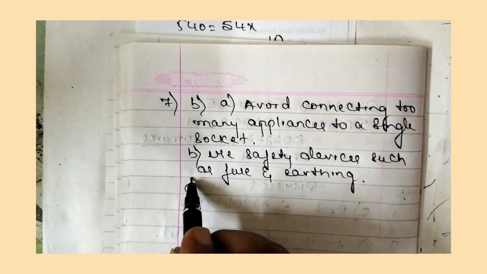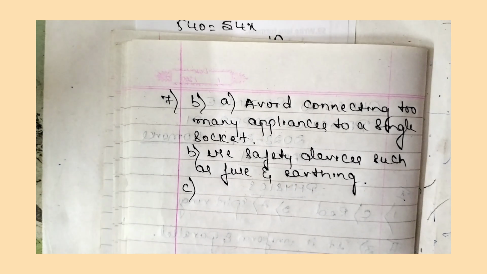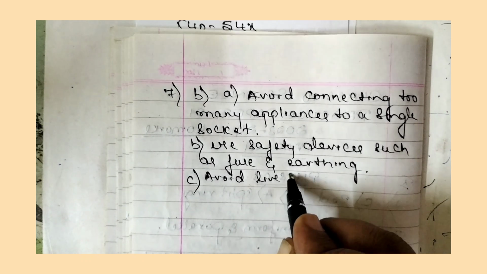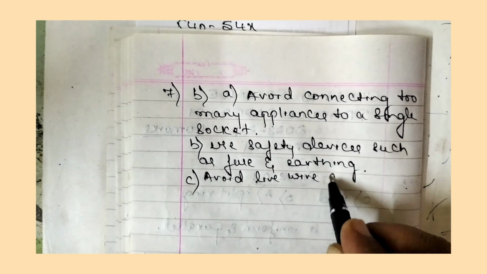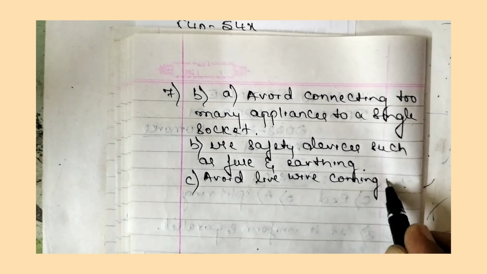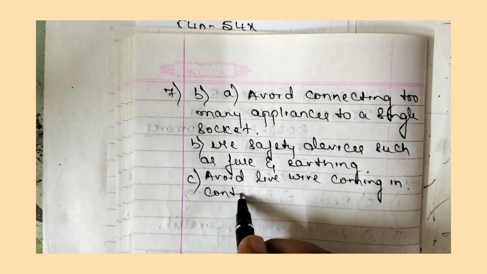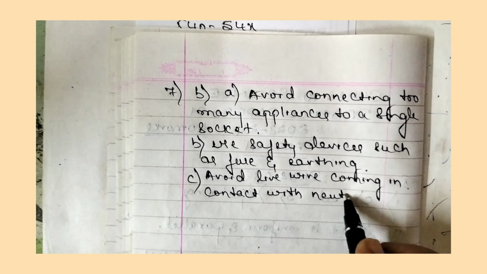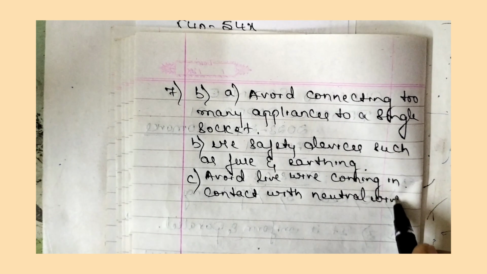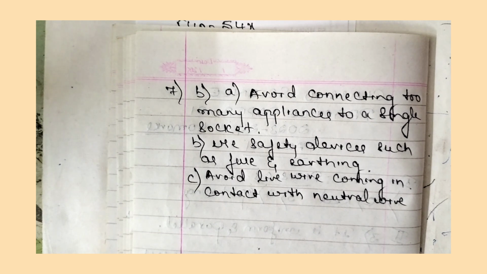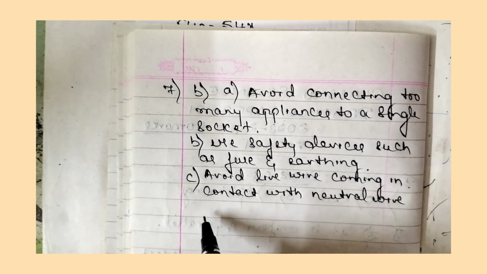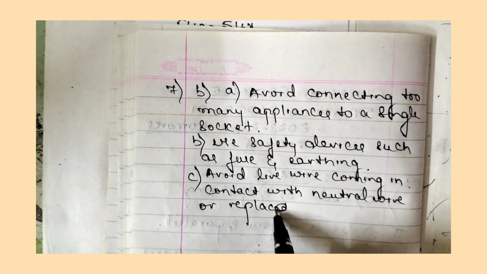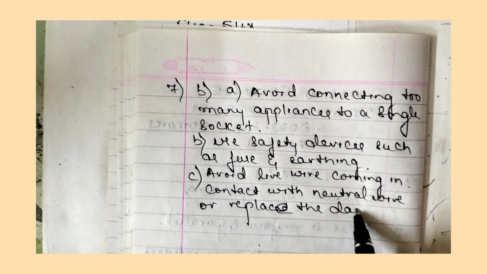Then the third one is avoid live wire coming in contact with the neutral wire, or replace the damaged wire.